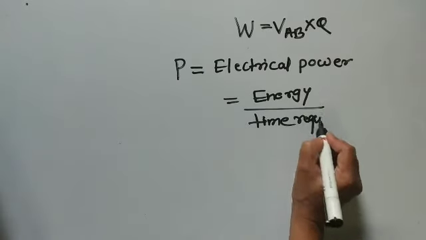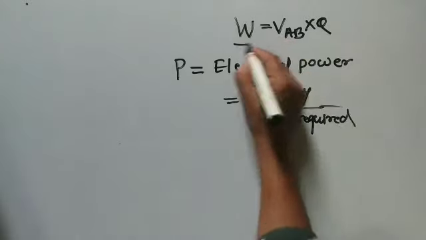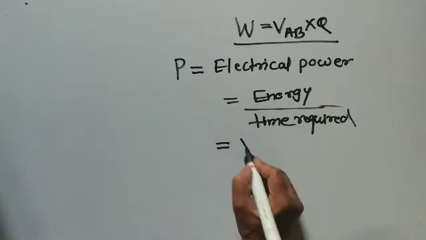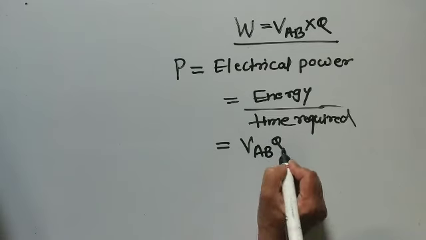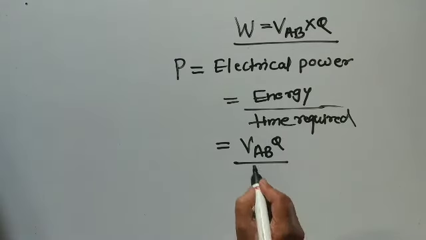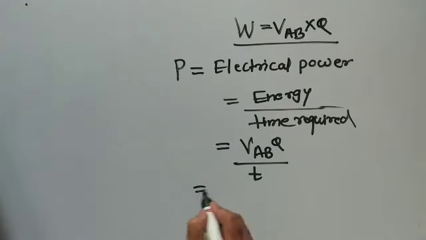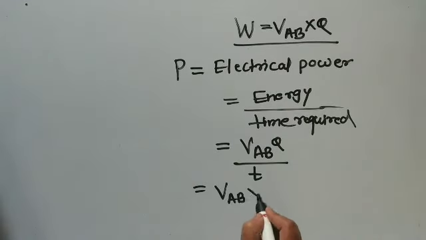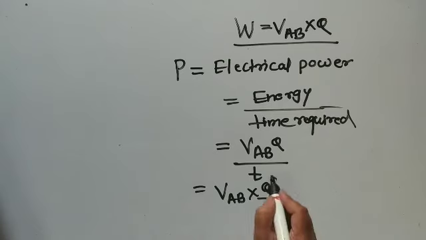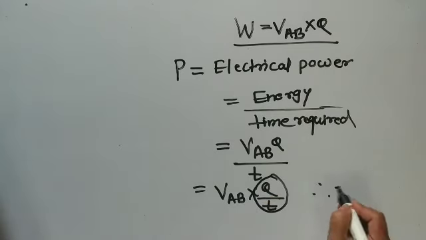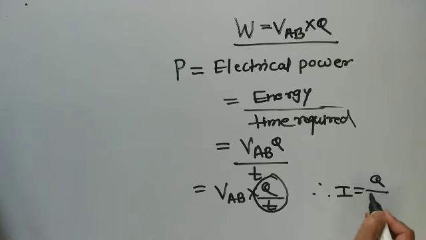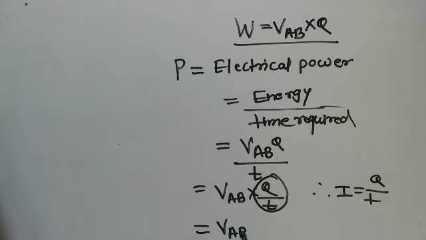Our energy means work done, which is VAB into Q, divided by the time required, that is T. When you write it this way, it becomes VAB into Q upon T. Now, this Q upon T means current. I is equal to Q divided by T. So substitute here VAB into I, and this is equal to P. Therefore, P is equal to VAB into I.